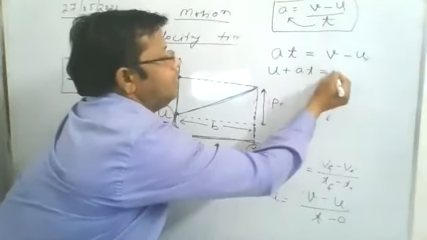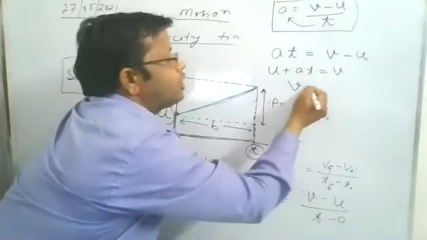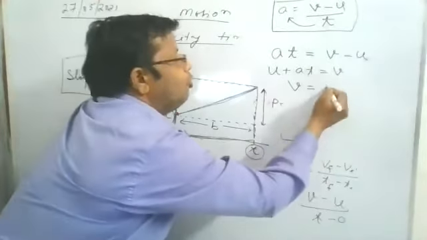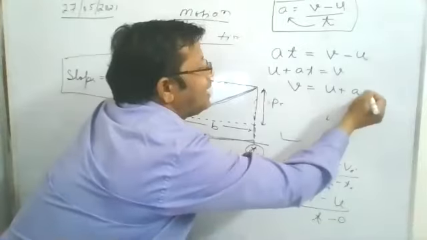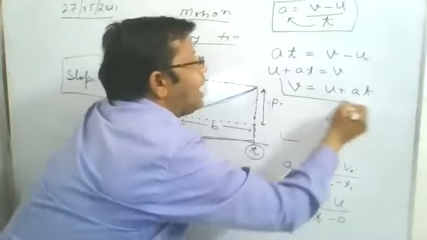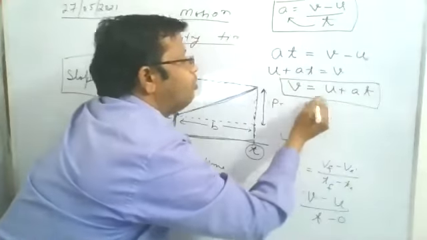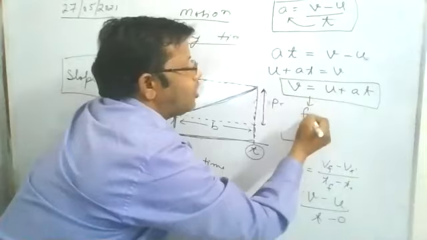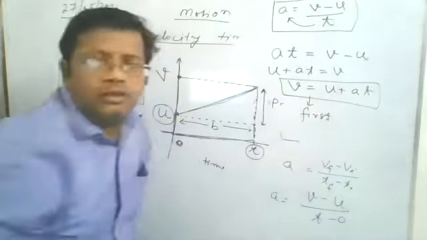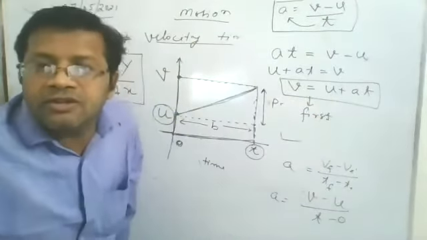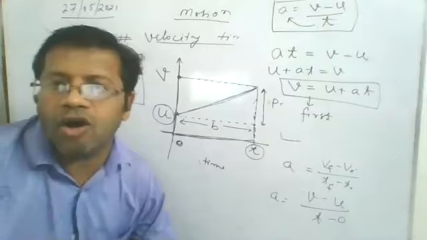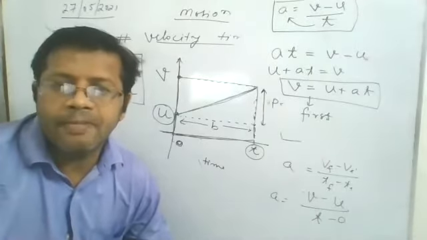So V is equal to U plus AT. This is known as the first equation of motion.